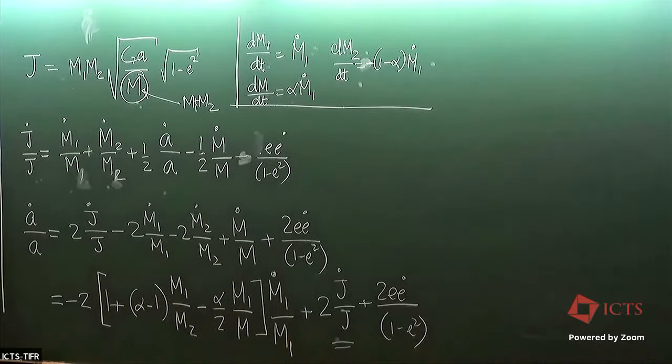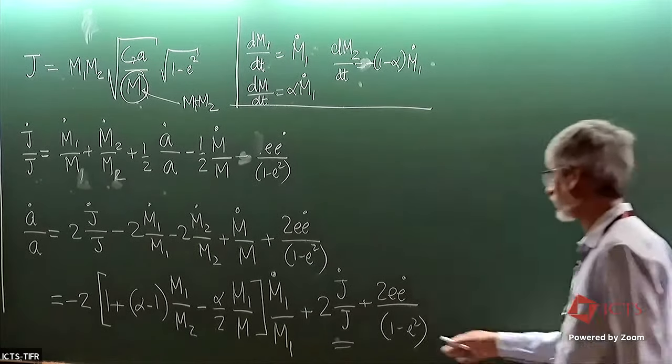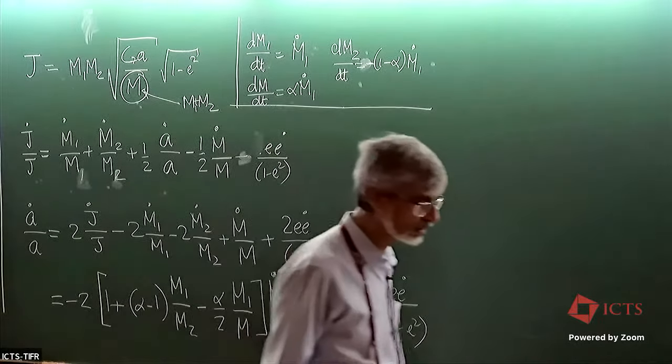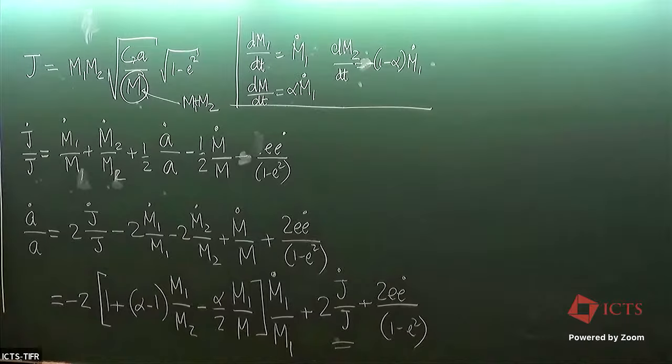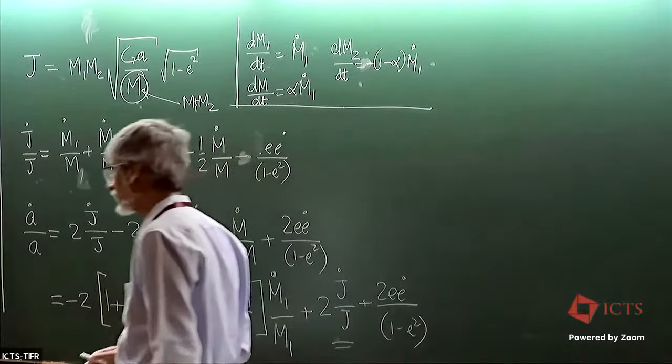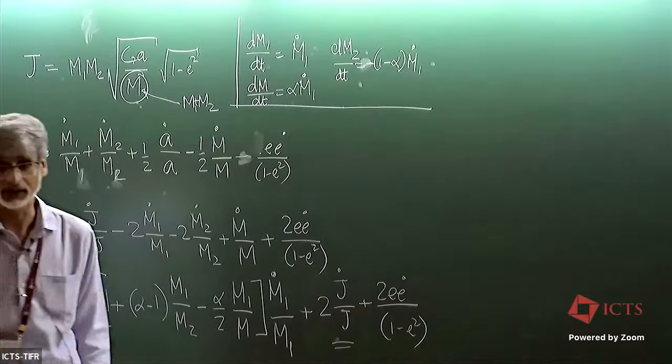It is important when the binary separation is very small. Otherwise, magnitude-wise, it is quite insignificant. And for binaries of regular stars, for example, it is not a very strong effect. But if one of the components of the binary system is a compact object, then it becomes significant.